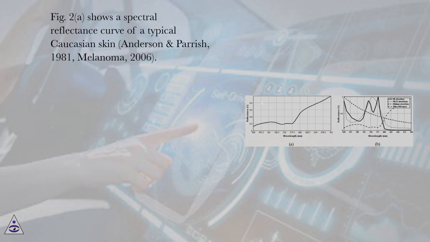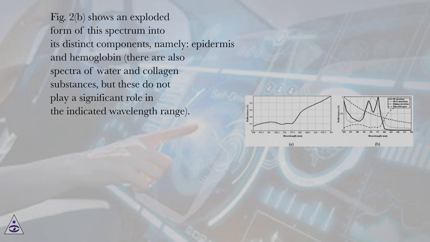Figure 2a shows a spectral reflectance curve of a typical Caucasian skin (Anderson and Parrish, 1981; Melanoma, 2006). Figure 2b shows an exploded form of this spectrum into its distinct components, namely, epidermis and hemoglobin. There are also spectra of water and collagen substances, but these do not play a significant role in the indicated wavelength range.